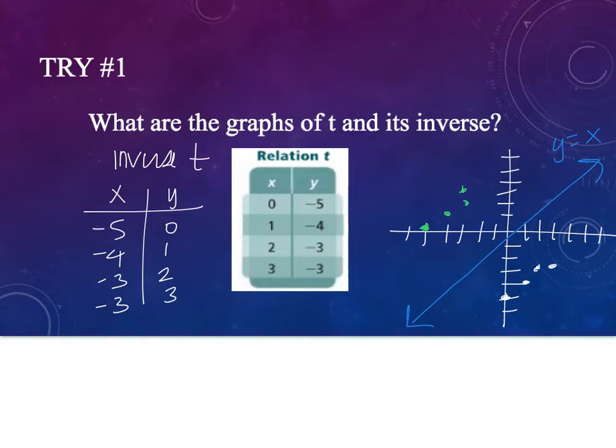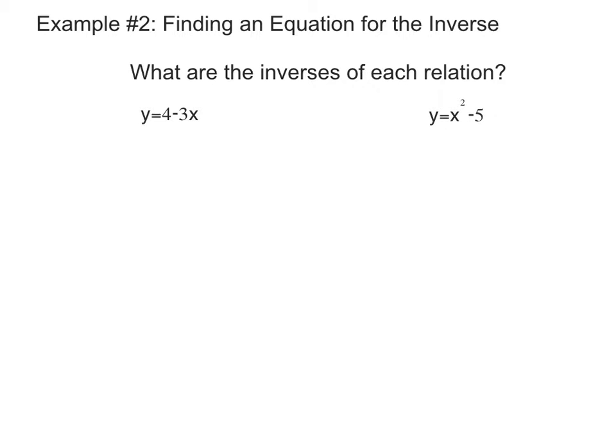All right, so let's keep going. In example 2, it says, what are the inverses of each relation? Algebraically, what it looks like to do an inverse of a relation is that you switch the x and y. Right now, this is my original, and I'm going to put my original in blue. From here, we switch positions, so x is now y and y is now x.